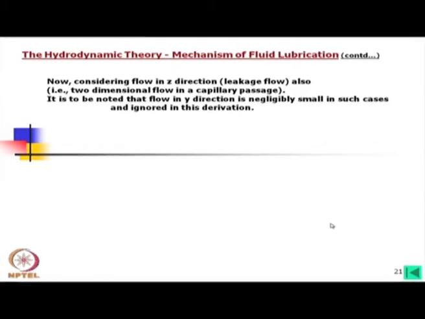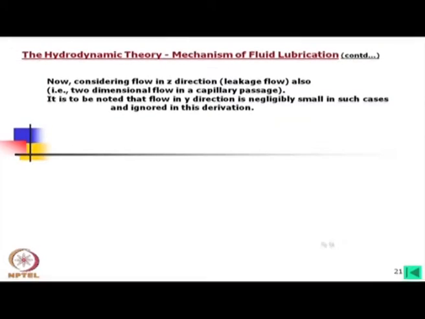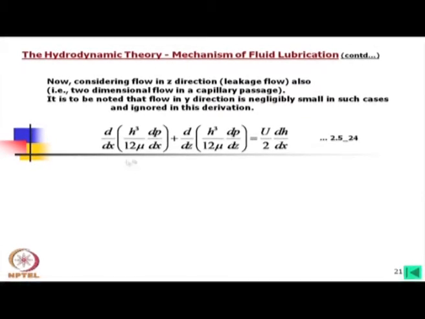Now, consider the flow in the z direction. We have so far considered the peripheral direction of the hydrodynamic bearing; now we are also considering the axial direction. Why is it important? Because the bearing will have a certain length, so we must consider the equation in the z direction also. This means that if there is a pressure gradient in the z direction, there will also be leakage flow. Now, the equation will take the same form.